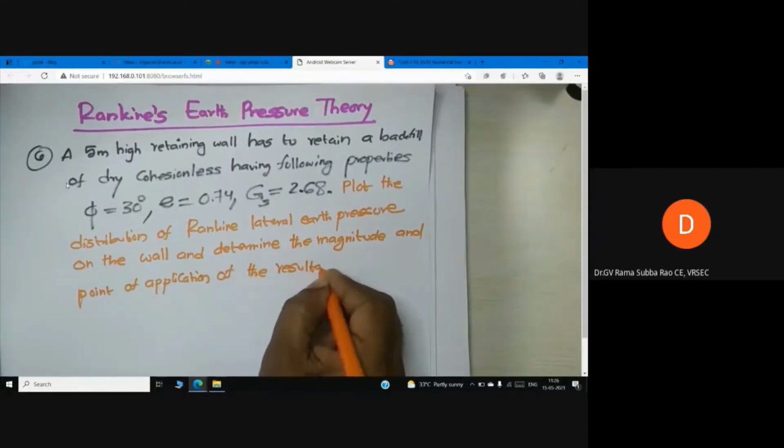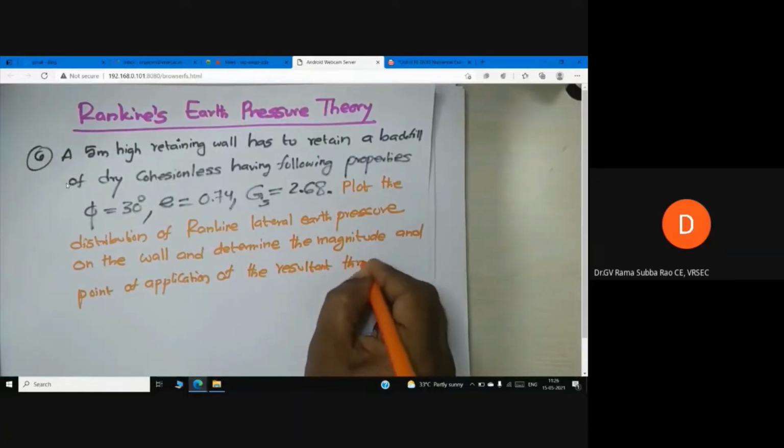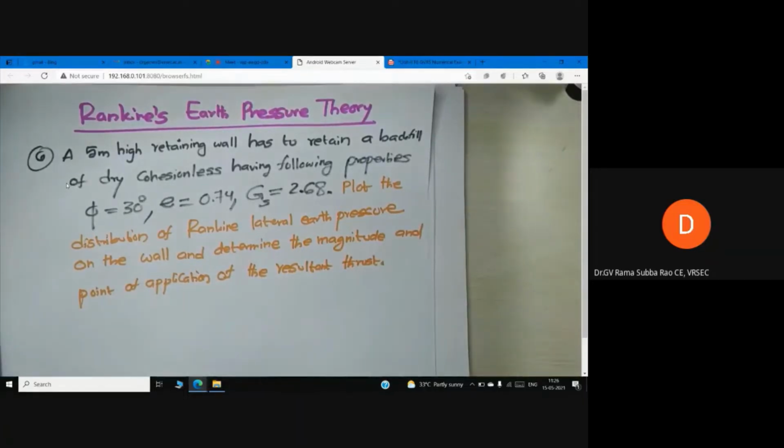To get ready now, we need to calculate lateral earth pressure.